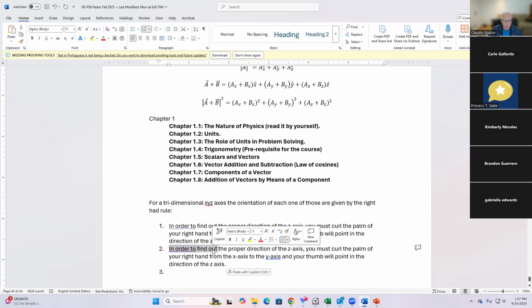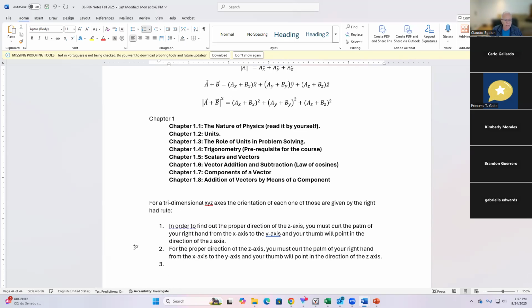For the direction of the x-axis, you repeat the above for the y-z axis. Okay, curl. Here you go.